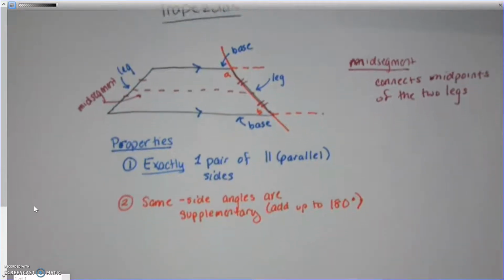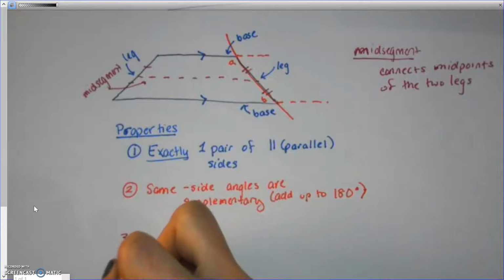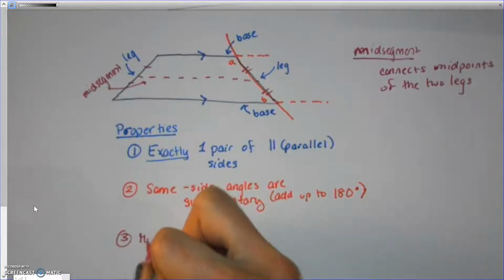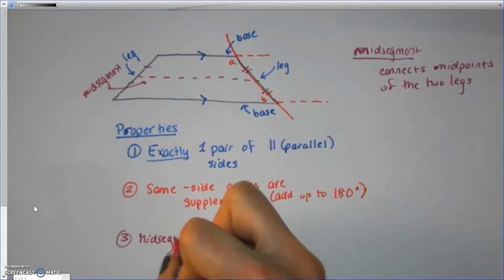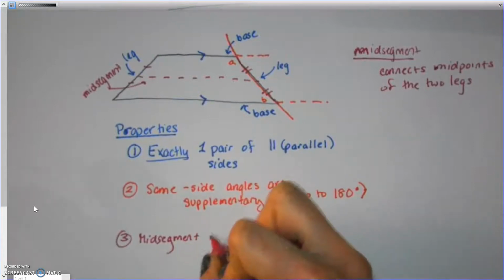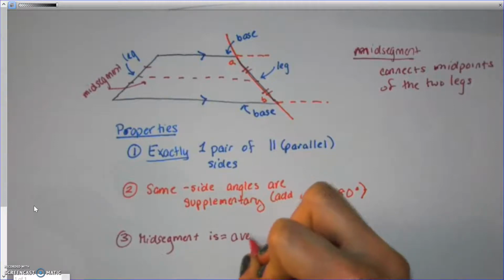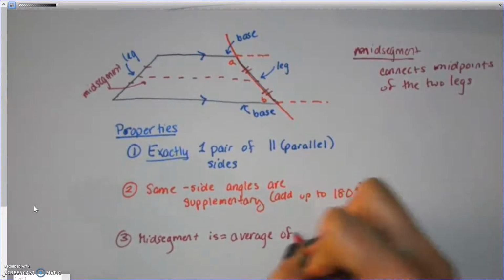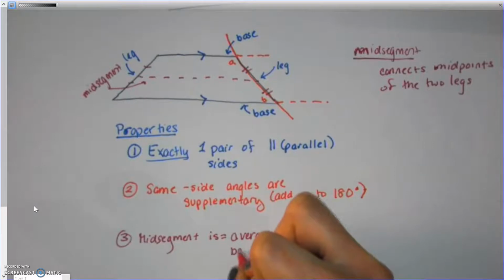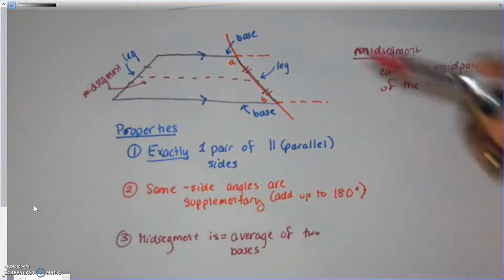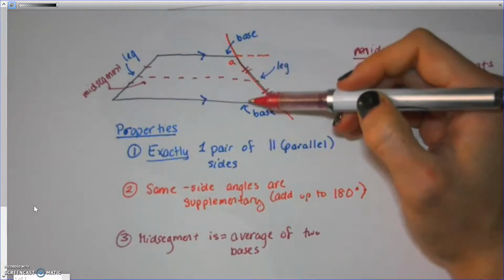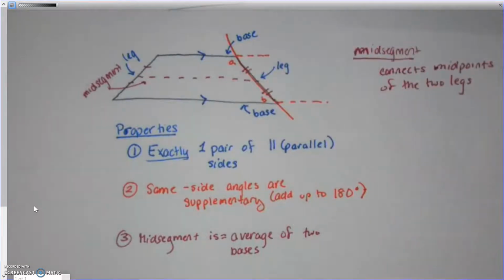And our midsegment has a property. The midsegment is equal to the average of the two bases. So if you add up the lengths of the two bases and divide by 2, that will give you the length of the midsegment. And those are our three properties of trapezoids.